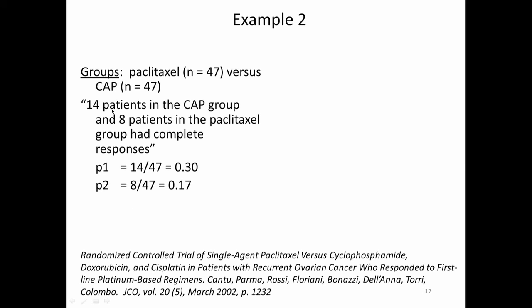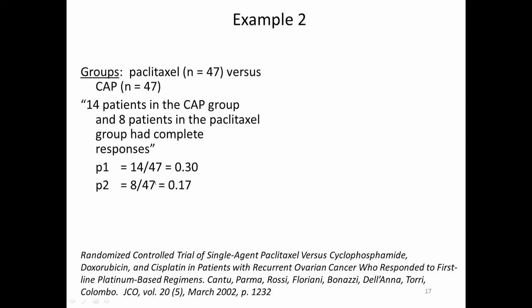Some patients were given paclitaxel, some patients were given cisplatin-type drugs. 14 patients in the CAP group had complete responses, whereas 8 patients in the paclitaxel group had complete responses.